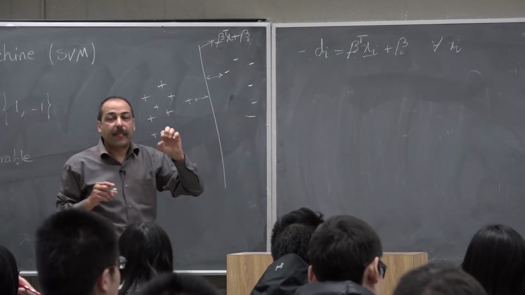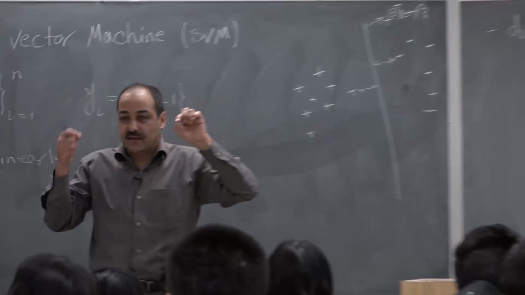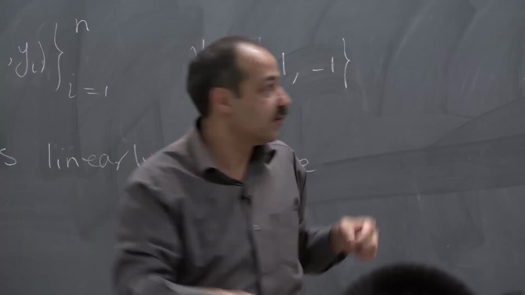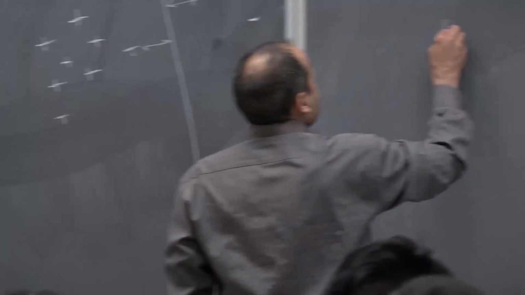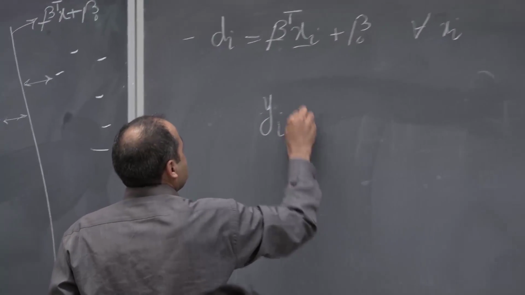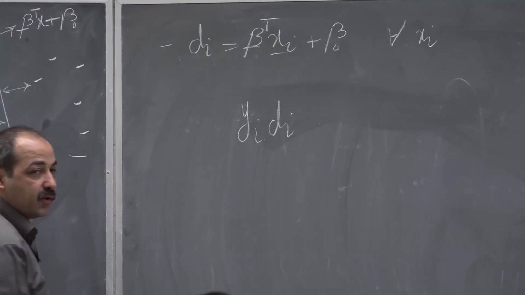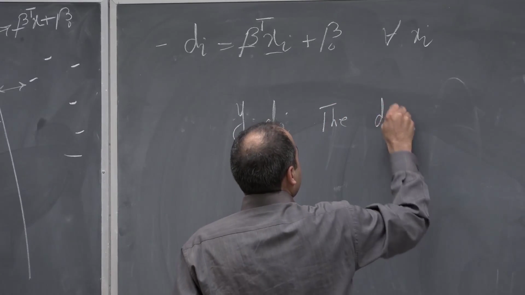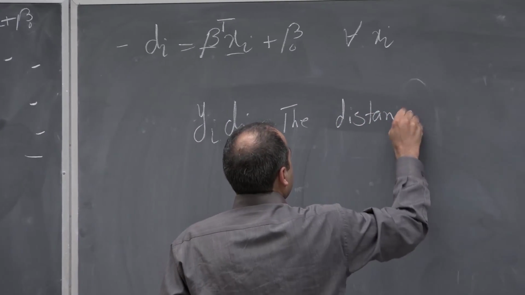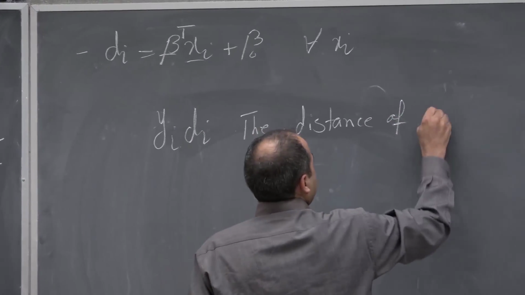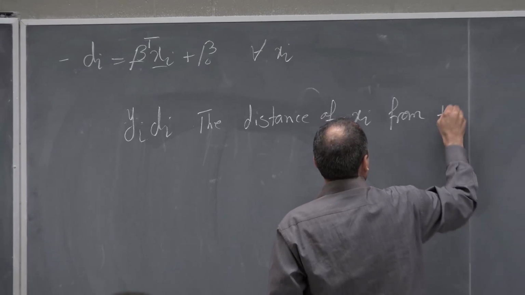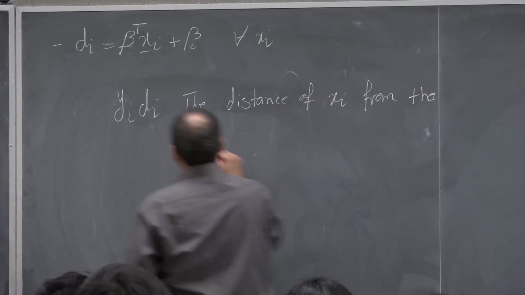So if you are interested in the real concept of distance, which is always positive, the distance would be yi times di. That would be the distance of xi from the decision boundary, or from the hyperplane.